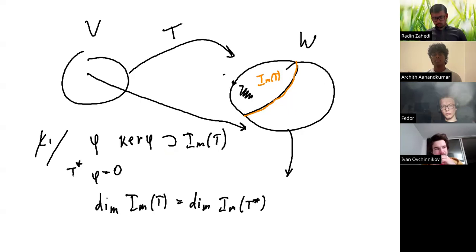This is a very vague foreshadowing of something that we might not even talk about. But this happens in quantum mechanics, where sometimes you're searching for something in V, you can't find it, and so instead you search for it in V star and you find it there.